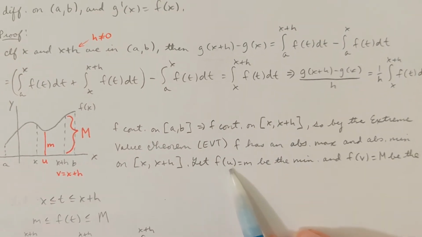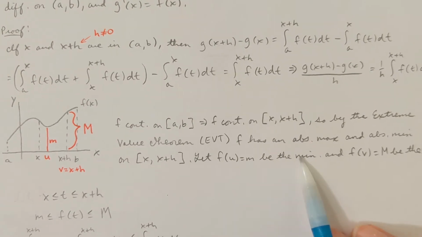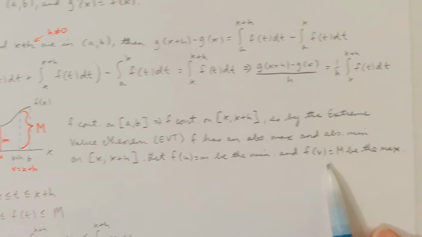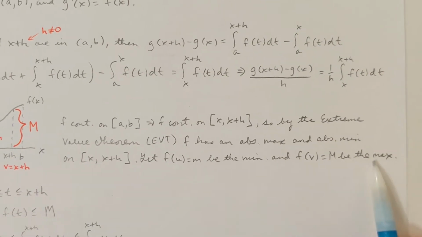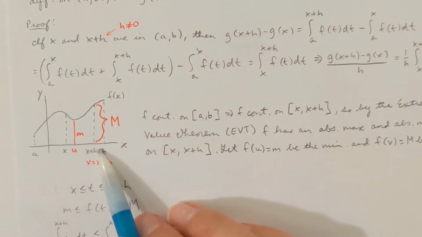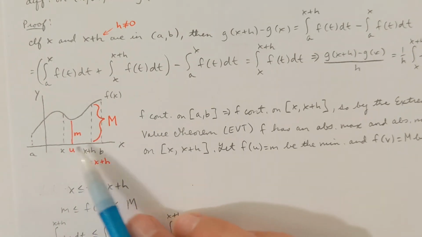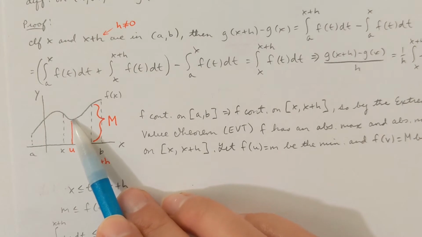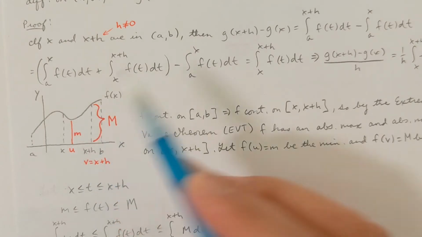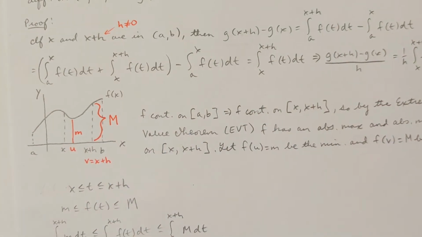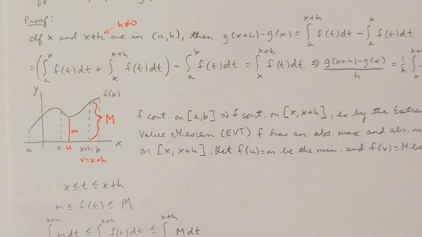I'm going to let f of u be the min, and I'll call that m, whatever the y value is, and I'll let f of v be equal to capital M be the max. I've indicated that here on my picture on this interval x to x plus h. So here'd be the min, and here'd be the max. Remember, max can occur at an endpoint if it's an absolute max or absolute min.